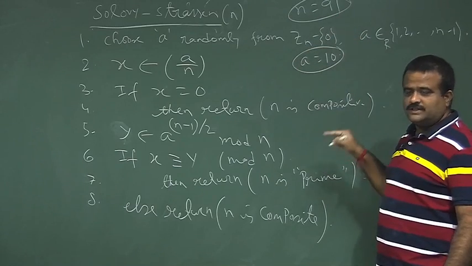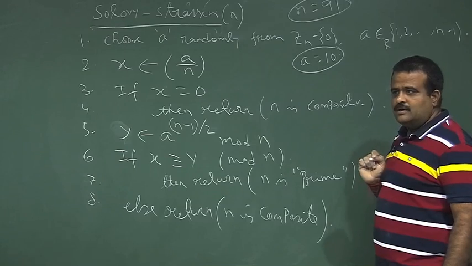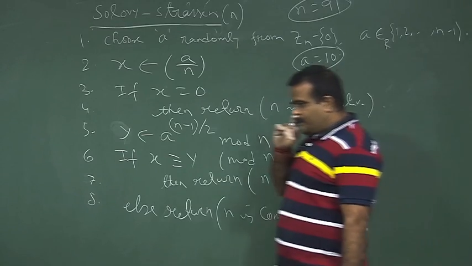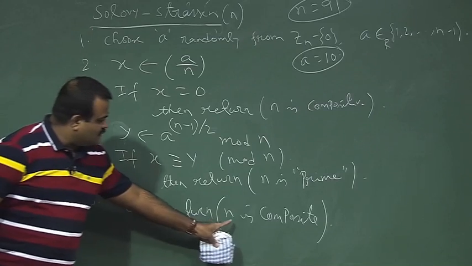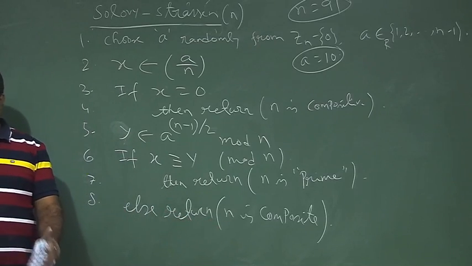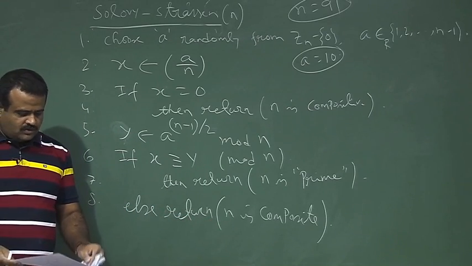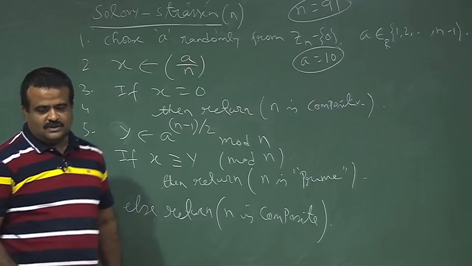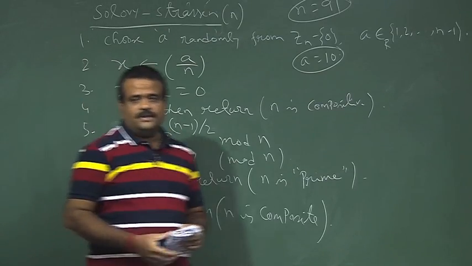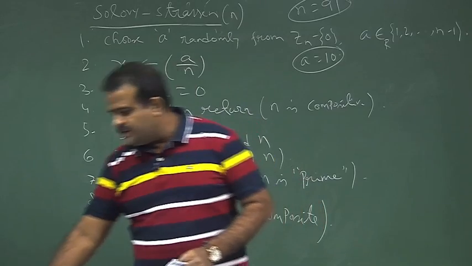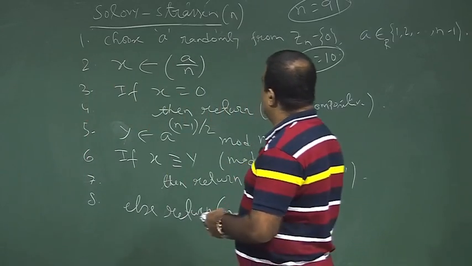Actually 91 is a pseudo prime base 10. So, this is a probabilistic algorithm. It may be correct, may not be correct, but if it is telling us n is composite, then it is correct. So, this is one application of the Jacobi symbol in the context of primality test. Now, next we will talk about a crypto system based on the Jacobi symbol.